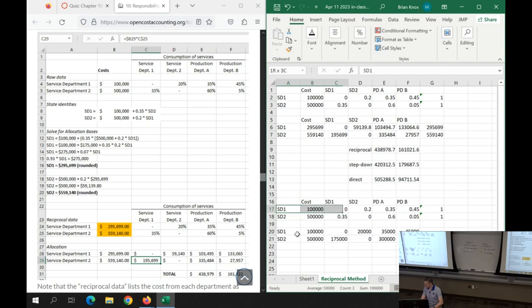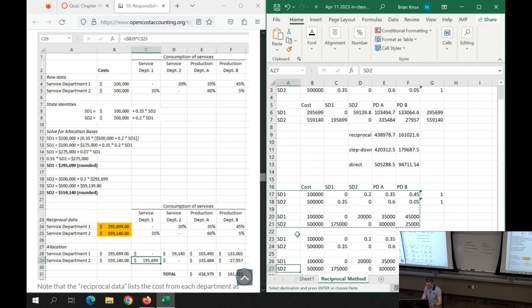Just give me a second. Recently, I have been really missing Control C for Control X. My finger got shorter or something. I don't know what's happened. Yes, that's what I want to do.